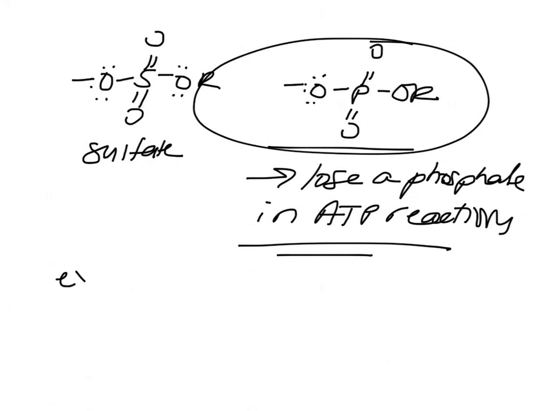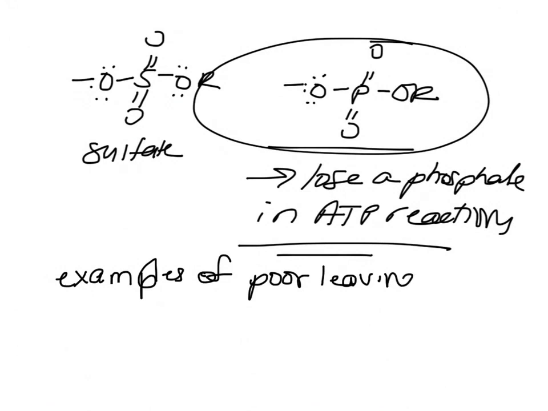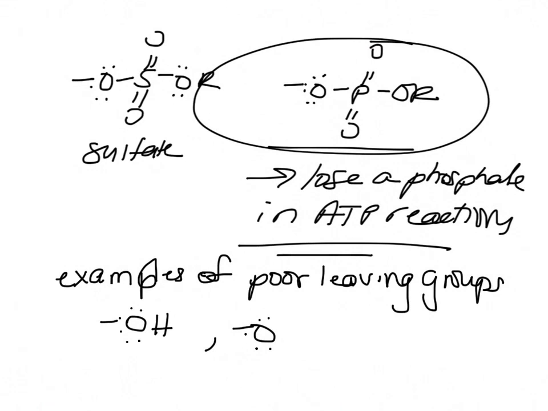Examples of poor leaving groups: ROH-, OR-, and amides.